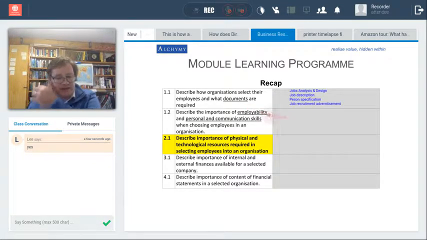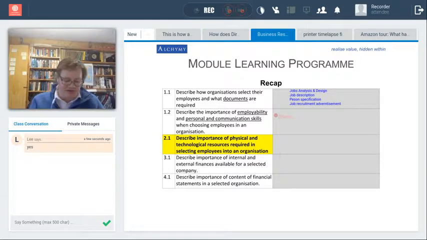Okay, and separately, when we talk about describing the importance of employability and personal communication skills, well, really coming out of that very same job analysis, we should be able to identify the critical factors and capabilities required.